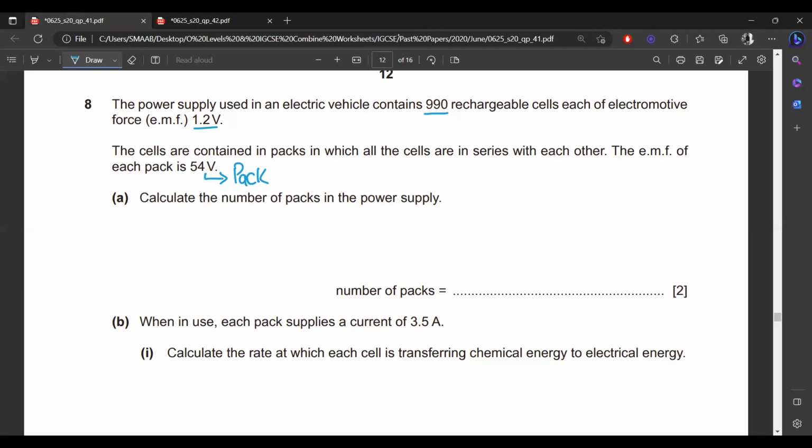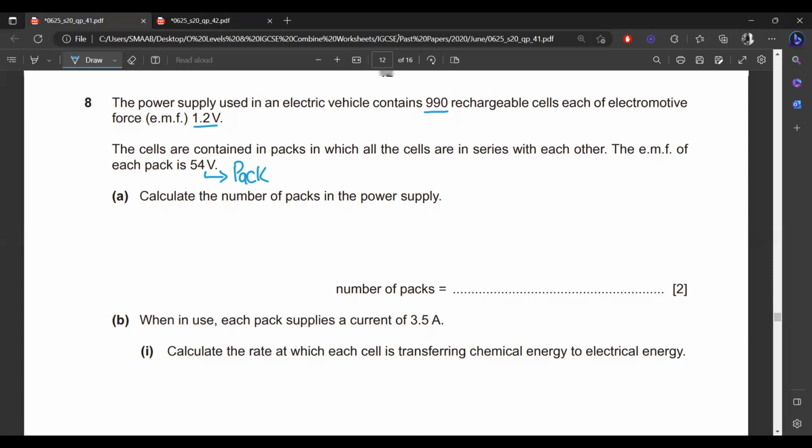Either we can make it with a single battery, or with multiple rechargeable cells, combined in series or in parallel according to our requirement. So that is the basic concept the question is talking about: we combine multiple cells to make packs, and the EMF of each pack is 54 volt, right?